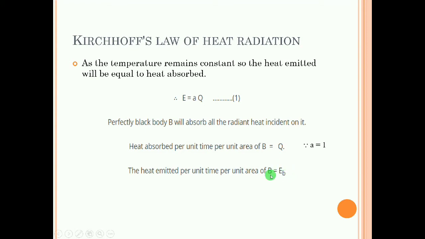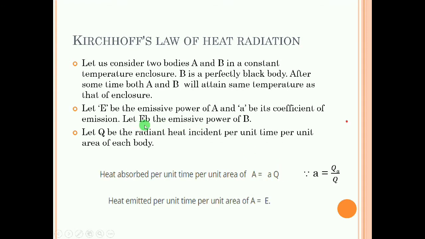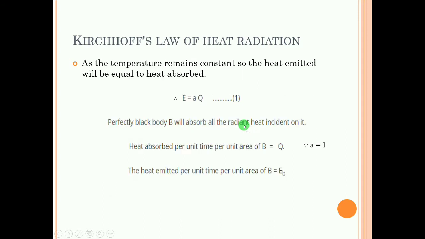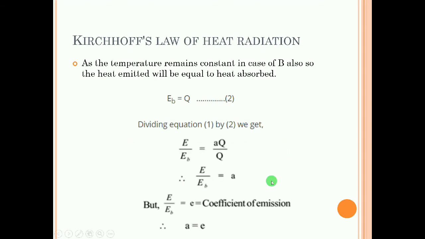That will be E suffix B, the notation we are already using: the emissive power of a perfectly black body. Emissive power is nothing but heat emitted per unit time per unit area, so that is E suffix B. Again we equate, because at constant temperature heat emitted will be equal to heat absorbed. So E suffix B is equal to Q, that is equation number 2. Now divide equation 1 by equation 2.